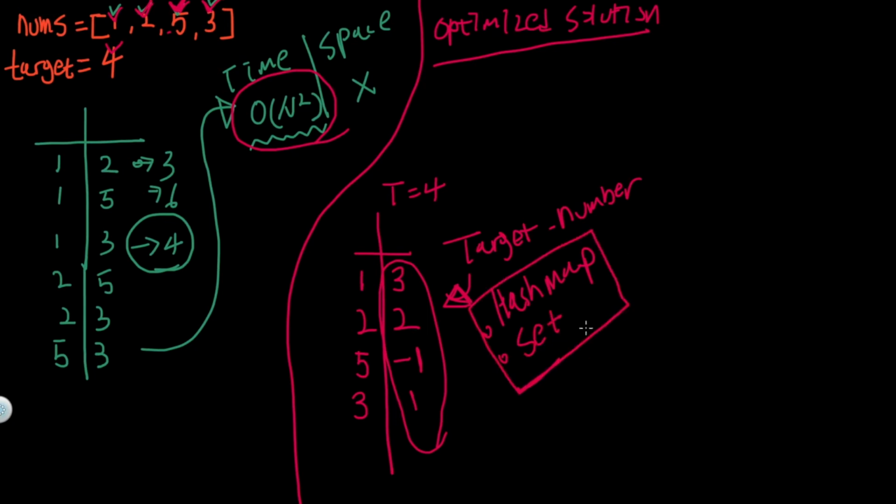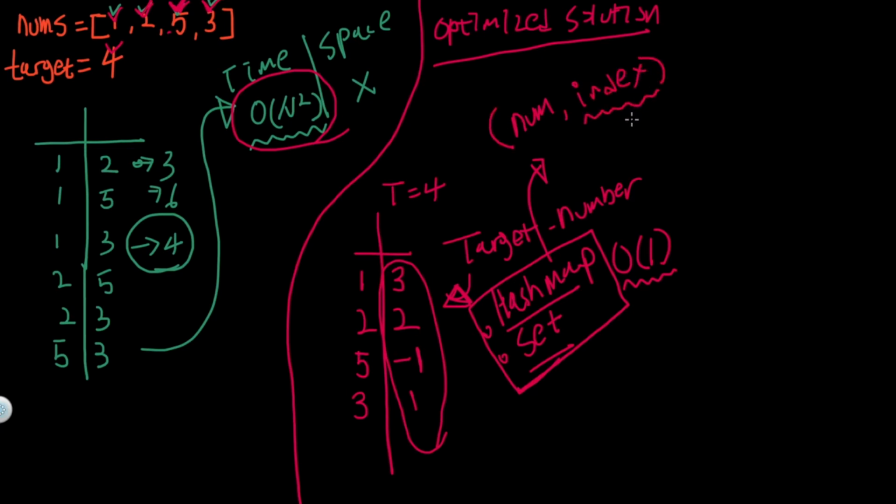Both take constant time for looking up a key. But in this case, we are going to use a hash map because we want to store the number and index pair, because we have to return the indices in order to get the answer. So we're going to use the hash map.